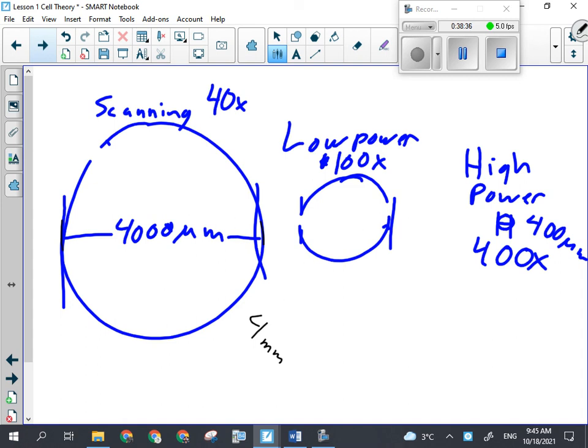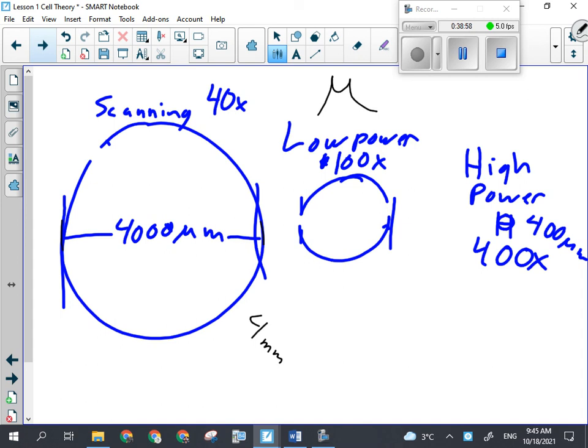Now, this little symbol here is mu. It's the Greek letter M. Why do we use mu for micro and not M? Because we already used M for milli, so we can't use it again for micro, so we use mu M for micro.